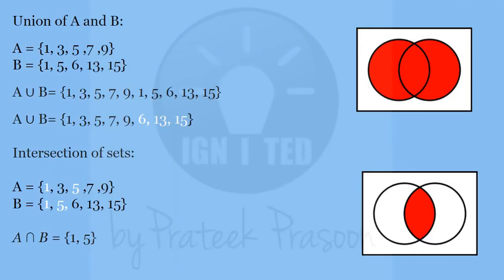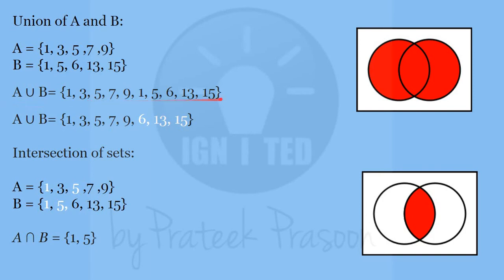So the first example is union of two sets. Suppose we have two sets 1 3 5 7 9 and 1 5 6 13 15. Whenever we take union, what we will do? We will not do it like this, that is 1 3 5 7 9 and 1 5 6 13 15. No, this is incorrect.